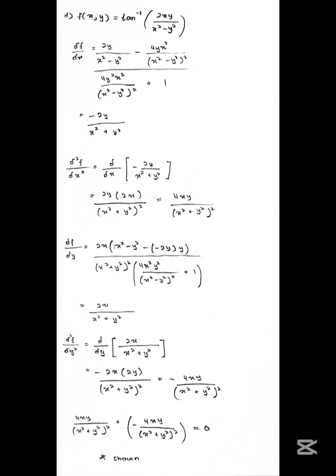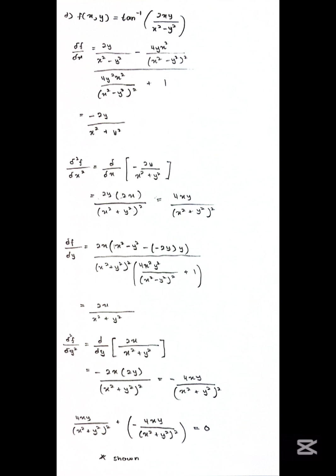For question D, the function given is f(x,y) equal to inverse tan of 2xy over x square minus y square. We differentiate the function with respect to x, and we get negative 2y over x square plus y square. Differentiating del f over del x again and simplifying, we get 4xy over (x square plus y square) whole square.